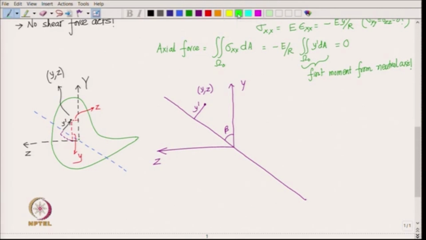And then these lines, their values are z and y.